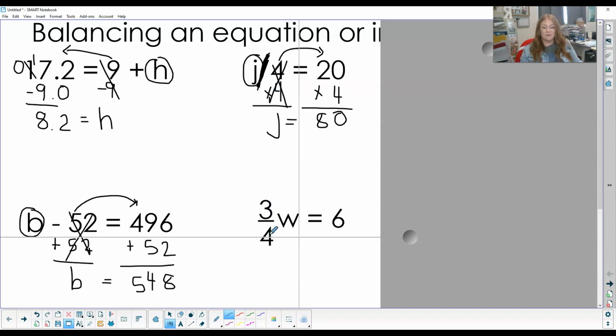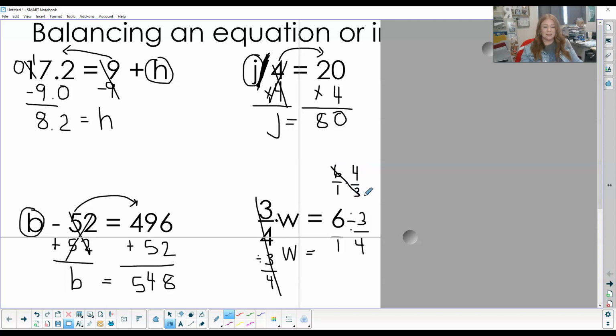Okay, here we have 3/4, and we're timesing that by w. The opposite of times is to divide by 3/4. 3/4 divided by 3/4 is just 1, so 1w here. And then I'm taking 6 and dividing it by 3/4. Now this is over 1, so I'm going to copy, dot, and flip here.